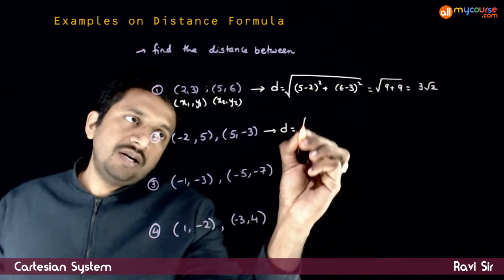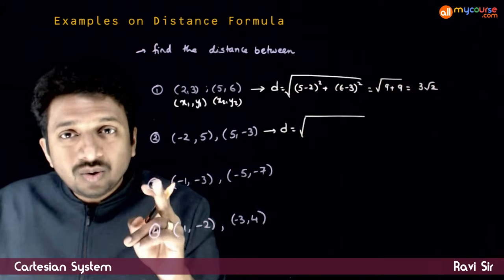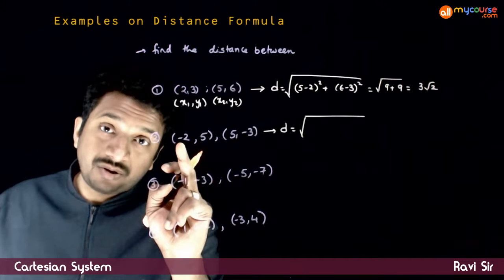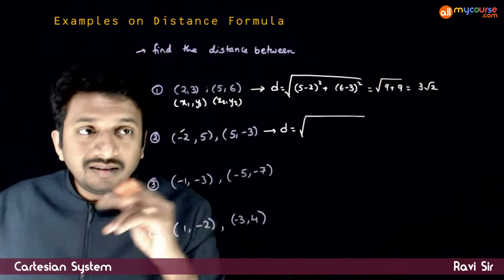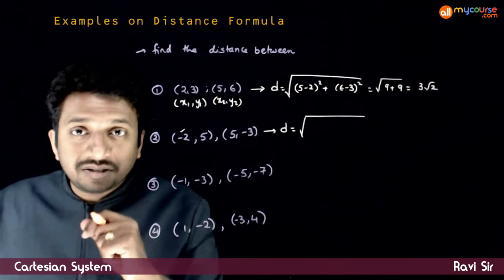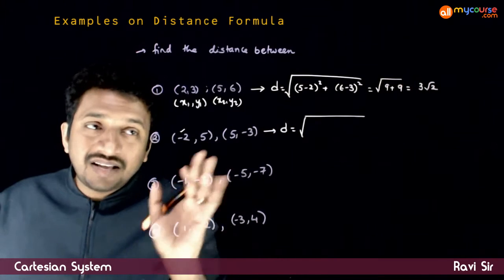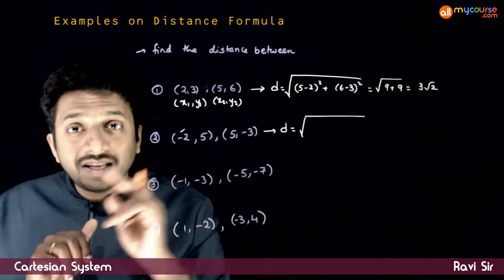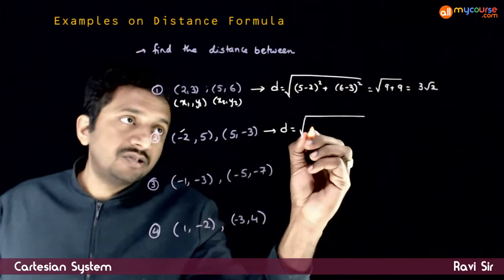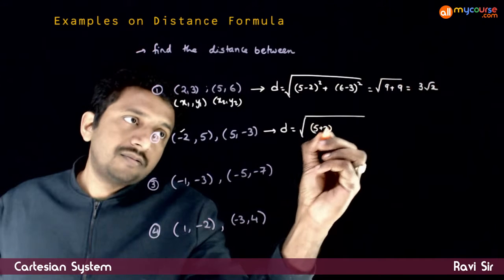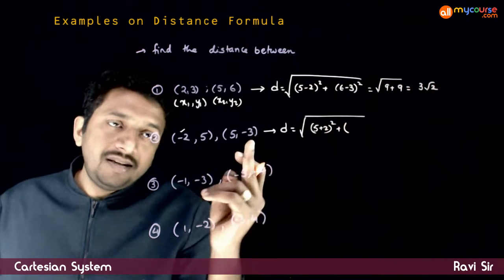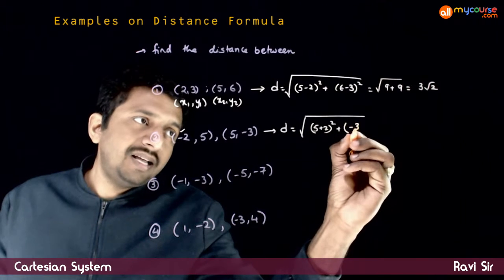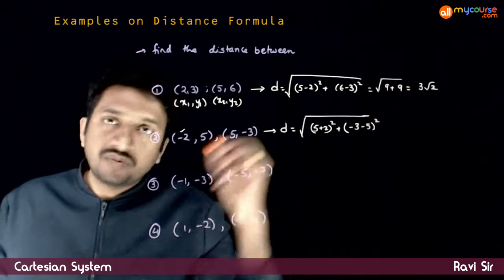So the distance is equal to root of, again, x2 minus x1, 5 minus of minus 2. So you have to take the sign into consideration and use the exact same formula. x2 minus x1, 5 minus of minus 2 whole square, that is 5 plus 2 whole square, plus y2 minus y1, minus 3 minus 5, whole square.